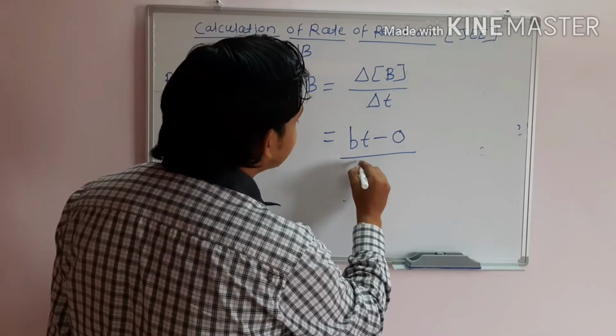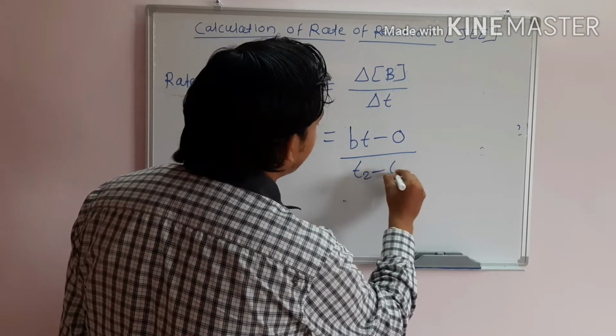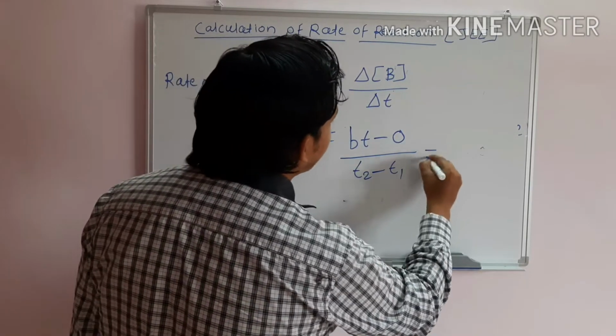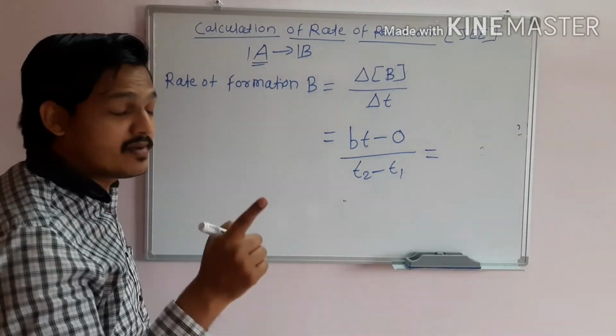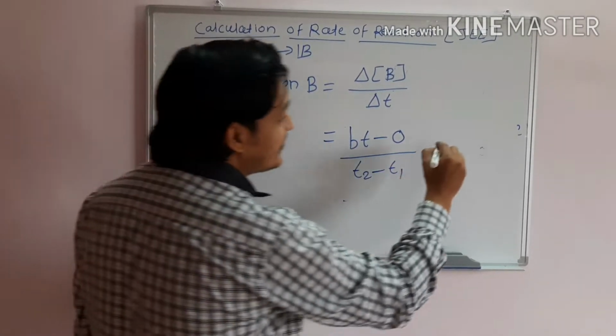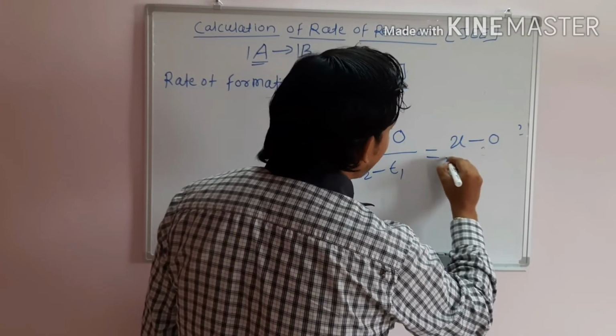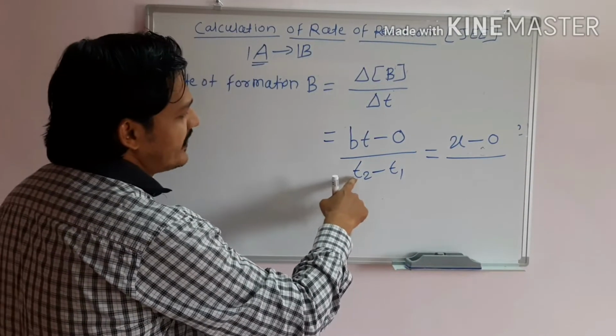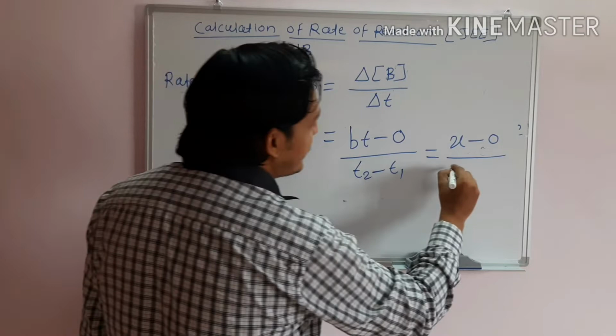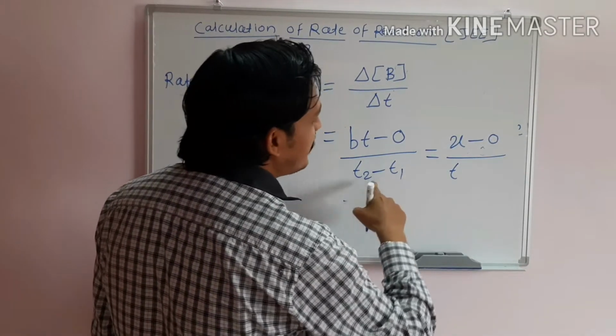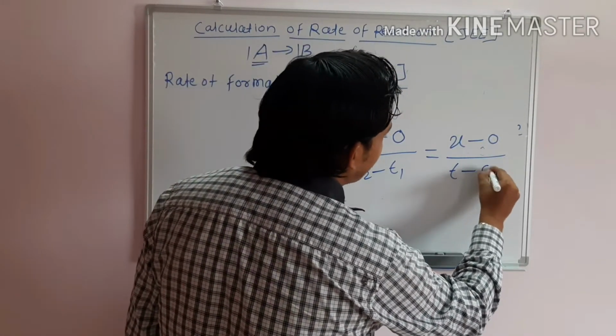Delta T indicates T2 minus T1. Now what is the value of Bt? Remember, the final value of Bt is x, minus 0, divided by the time. Final time is t. What is the initial time? 0. So t minus 0.